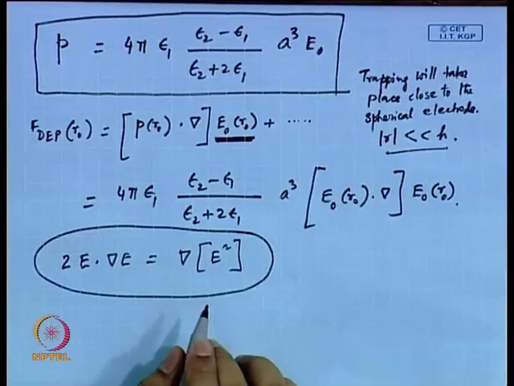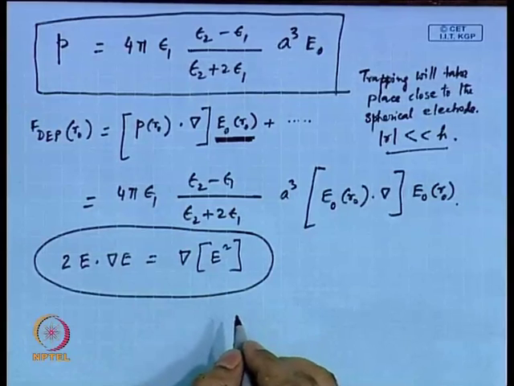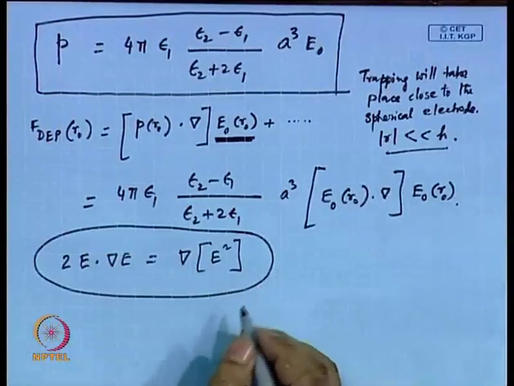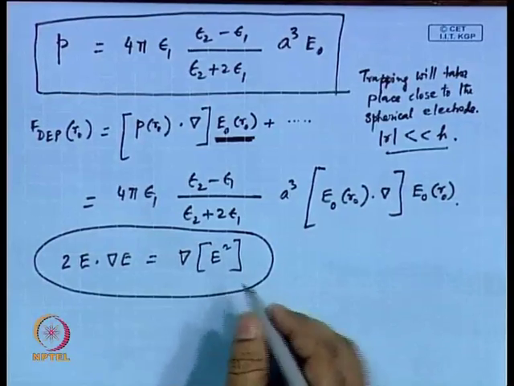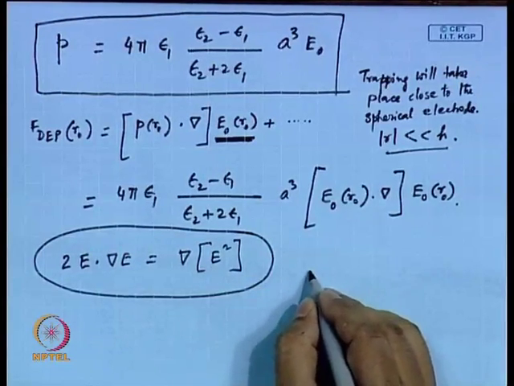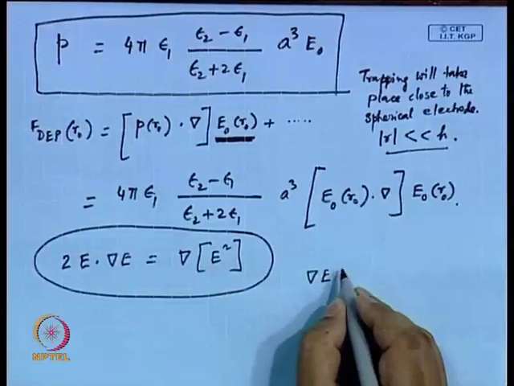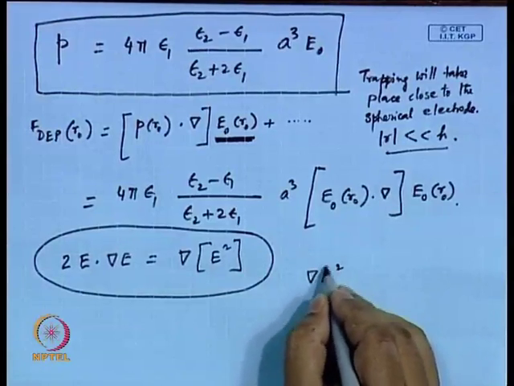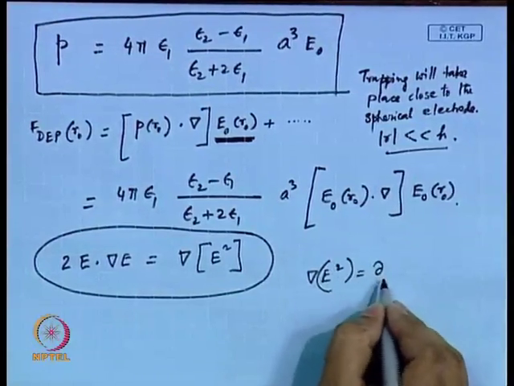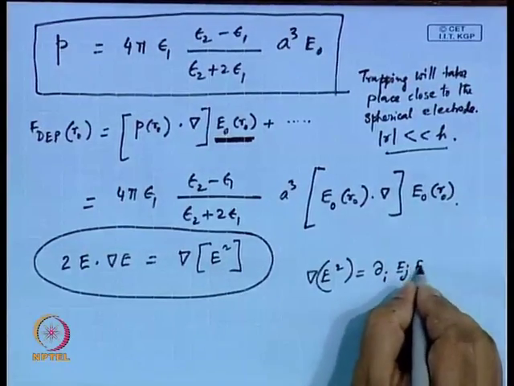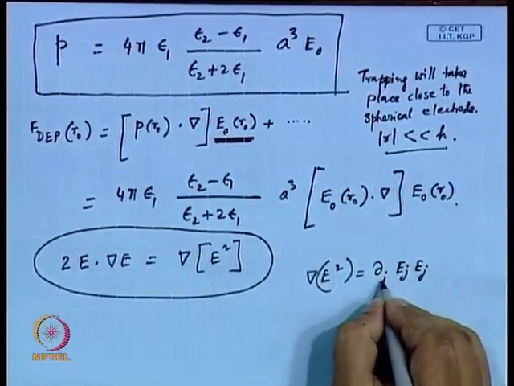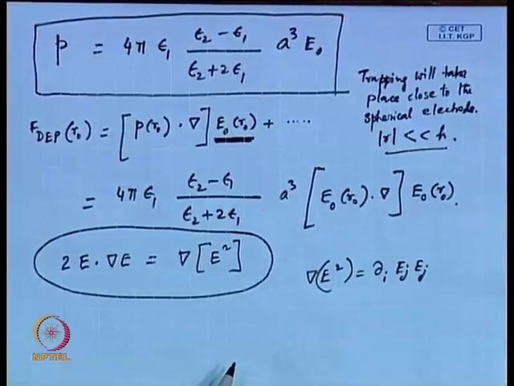Let me point out what this delta of E square is. Delta of E square is equal to del of E j E j, that is what it means.